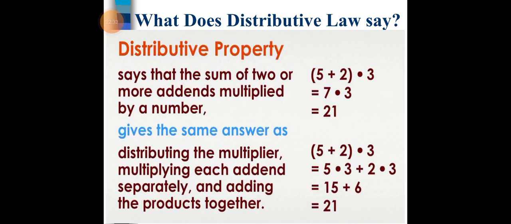And if you multiply each addend separately, 5 multiplied by 3 plus 2 multiplied by 3, that means 15 plus 6, which is 21. So both give the same answer. For verification, you can use this one as well.